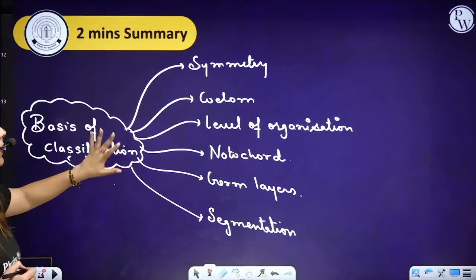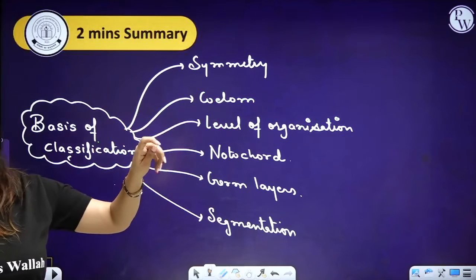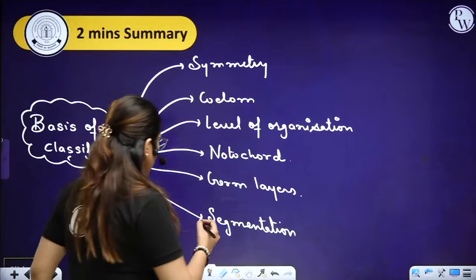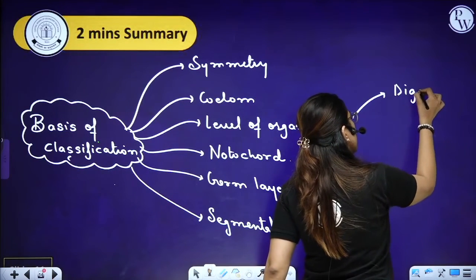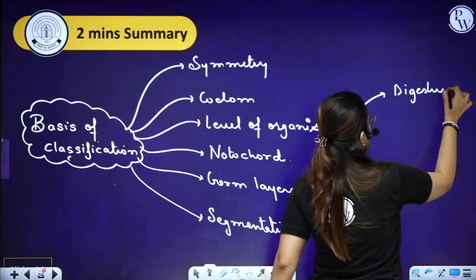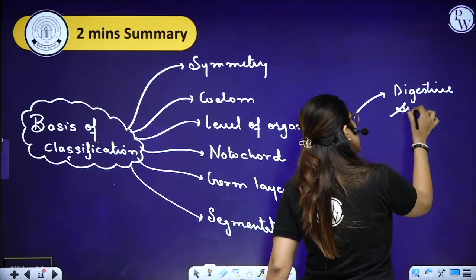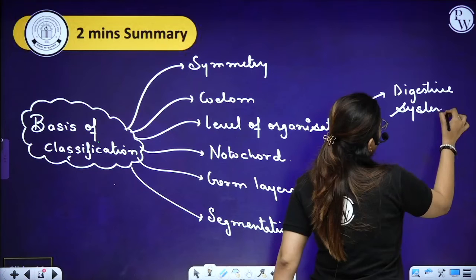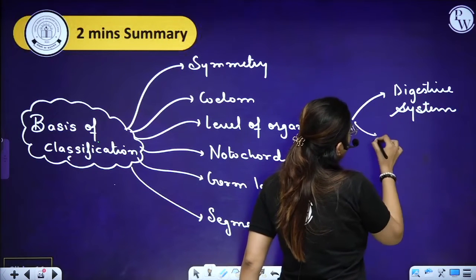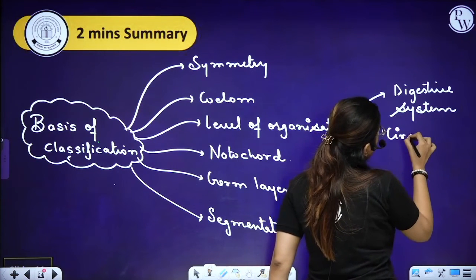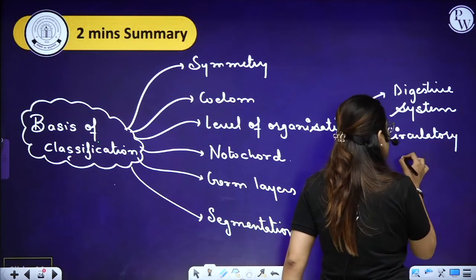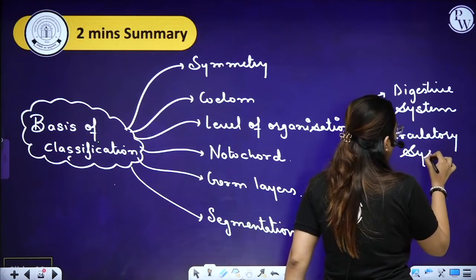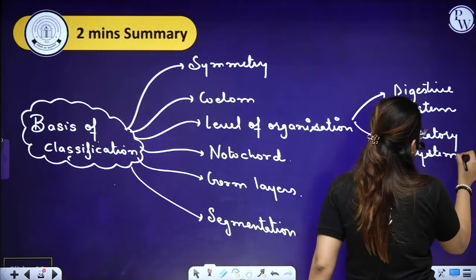So basically, the digestive system also we talked about in the level of organization. Here, buddies, we talked about the digestive system, whether it is complete or incomplete, or the circulatory system, if it is open or closed type.